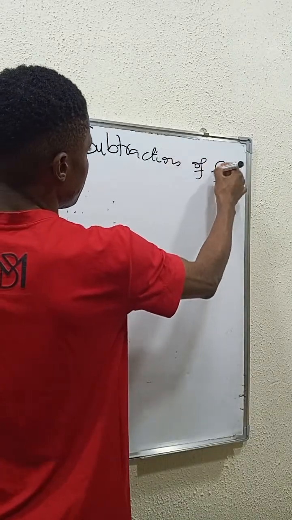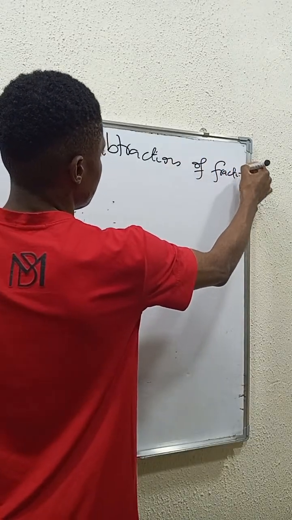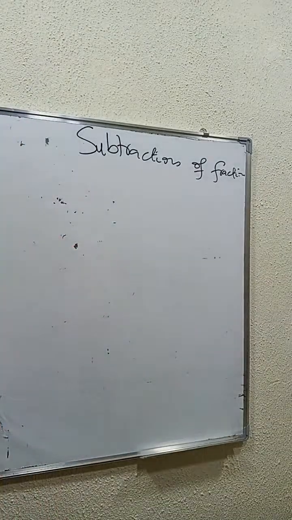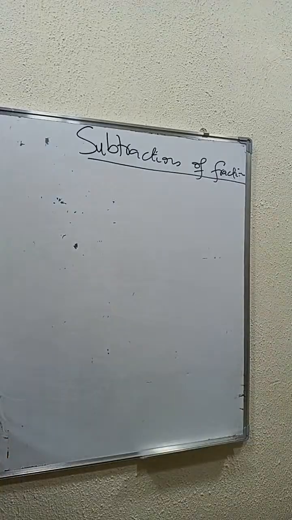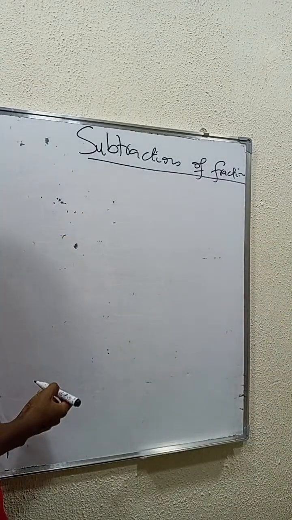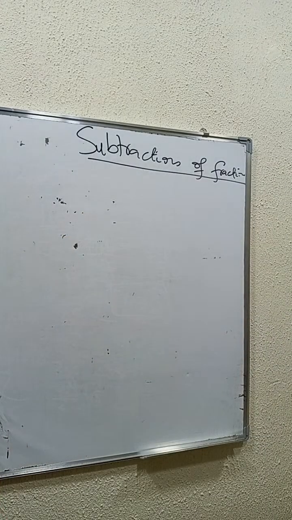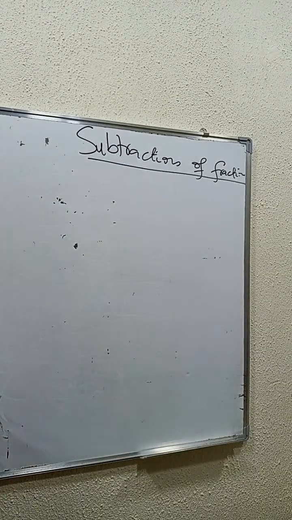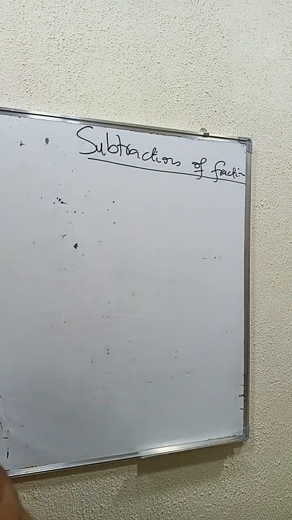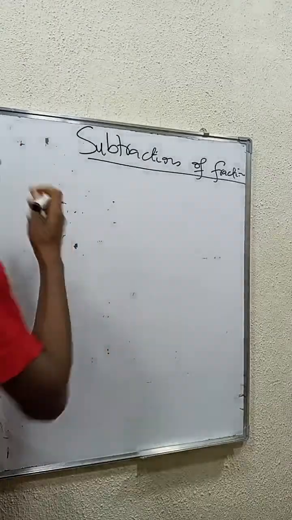In subtraction of fractions, it's very, very easy. First, we look at when the fractions have the same denominator and when they don't have the same denominator. Solving fractions that have the same denominator, all you need to do is subtract the numerators.